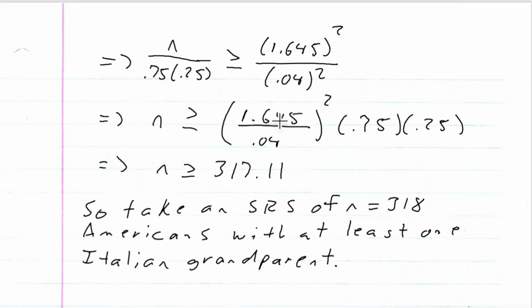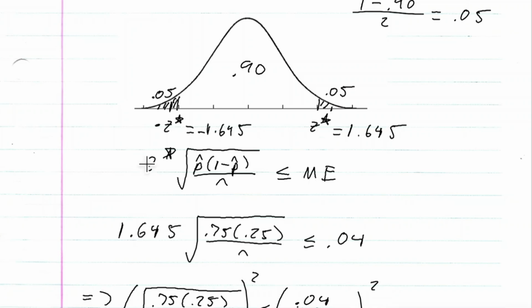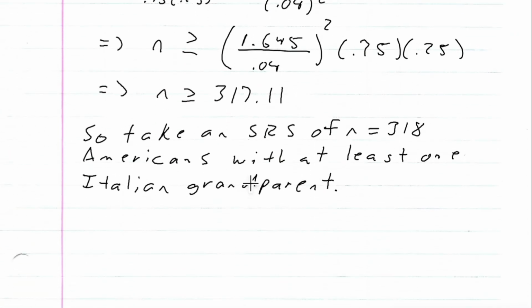Okay, so notice how we were able to use our inequality where we had the critical value, the z value, we had an estimate for our p hat, and we had our maximum margin of error. From all that information, we got that we need a sample size of at least 318.